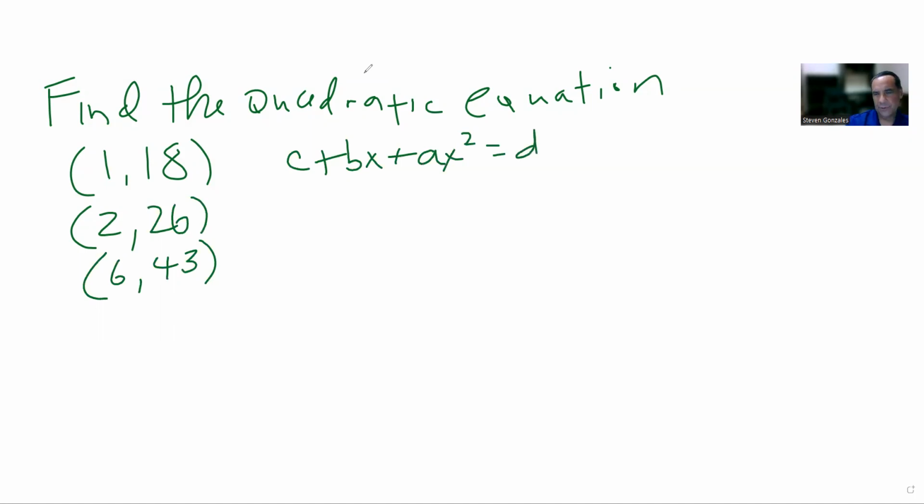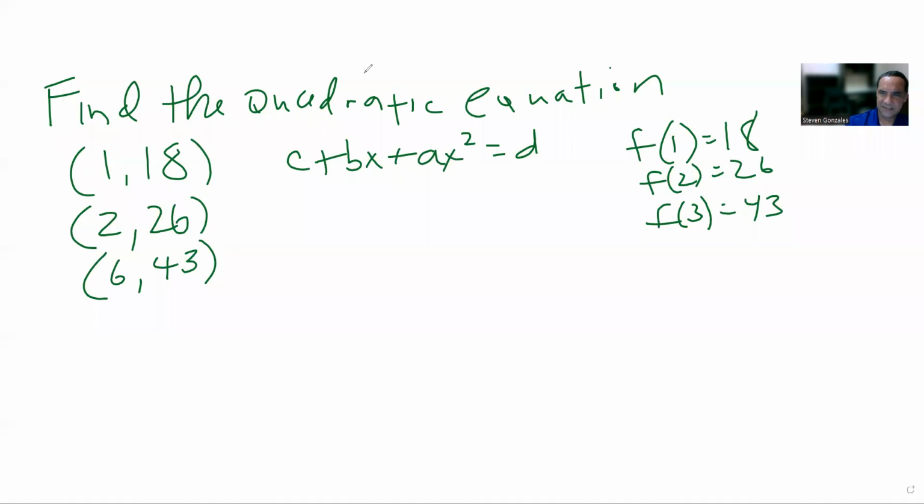And then we have to use the function values and set them equal to D on all 3 points. So let's do that. That's not f of 3, that's f of 6. I know. They skipped 3 and 4 and went straight to 6. So all I know is that I'm going to have 3 C's.